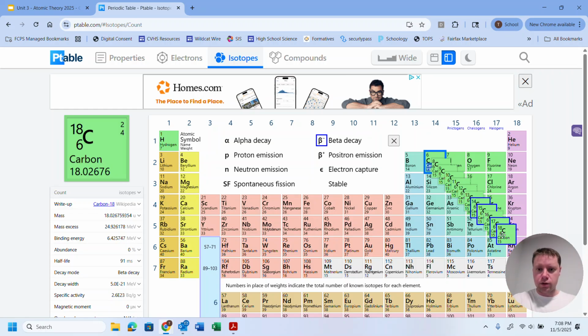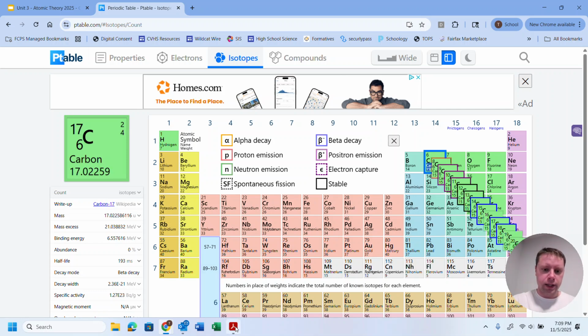In fact, those ones specifically do beta decay, which we'll talk about later. But what that really means is that in their nucleus, the ratio between how many protons they have and how many neutrons they have is just not balanced, and it doesn't hold together very well. So because of that, it wants to decay into other substances.